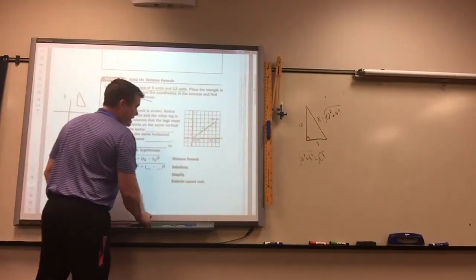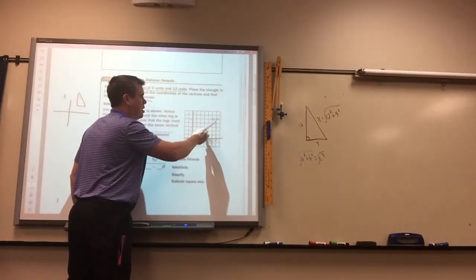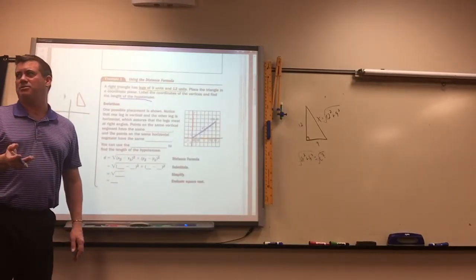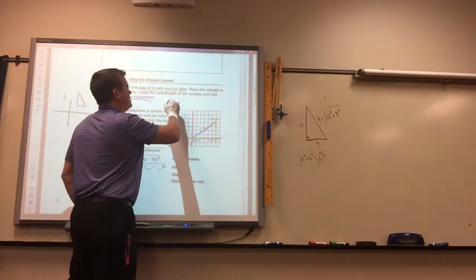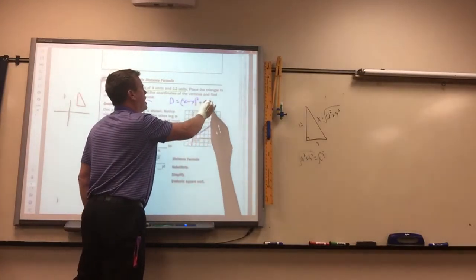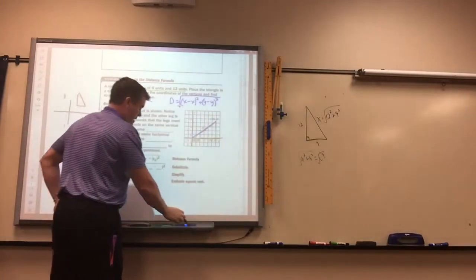is in order to find the length of the hypotenuse, which is this, we did this back in chapter 1, we used the distance formula to find the length of a segment. Distance is x minus x squared plus y minus y squared, and then you got to square root it.